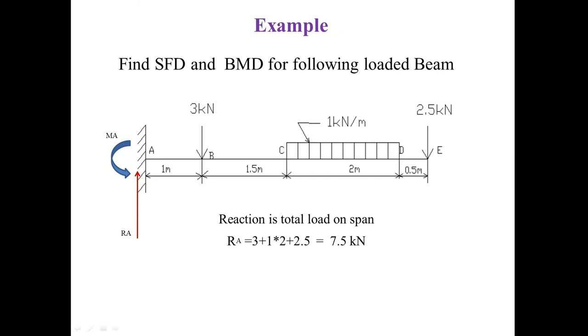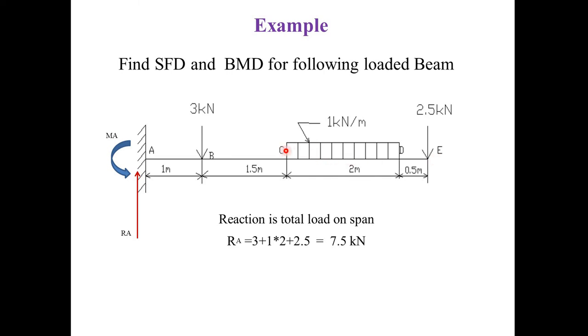All downwards, that is 3 plus 1 multiplied by 2, because it is a uniformly distributed load distributed over the span, plus 2.5.